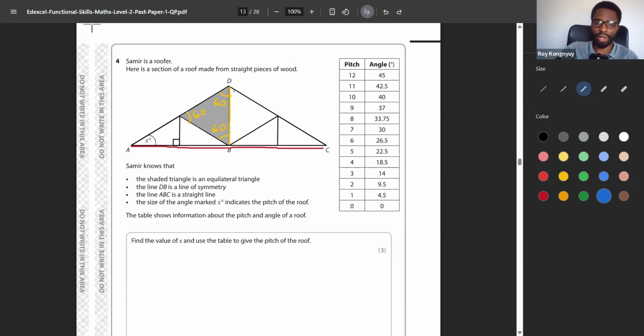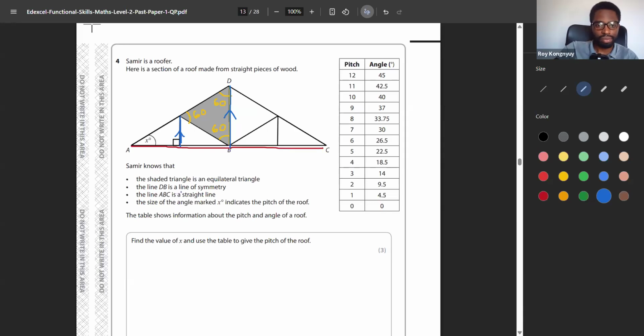And instead of approaching it that way, I want you to notice that this line DB, right? This line DB, and this line here. To be more precise, these two lines are parallel. DB is parallel to this line here. How can I be absolutely certain that that's true?